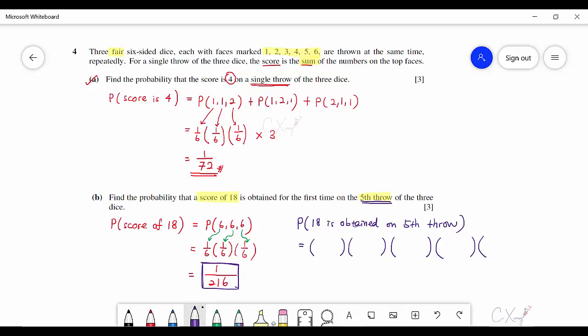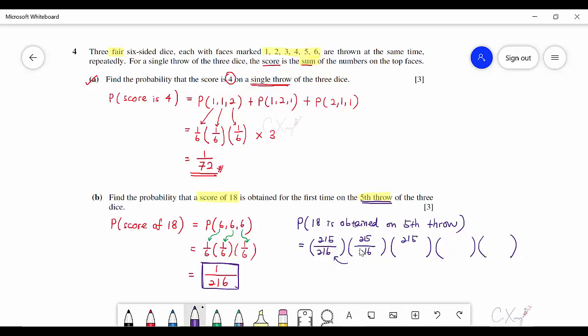For the first time, you didn't get the 18, so the value should be 215 over 216, because on a single throw, to get the 18 is 1 over 216. So if you don't get the 18 on a single throw, it will be 215 over 216. Then for the second throw also, you didn't get the 18, so also 215 over 216.